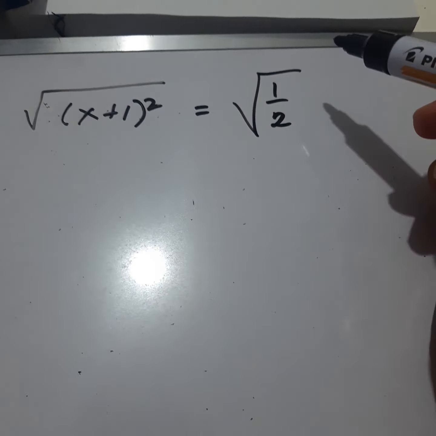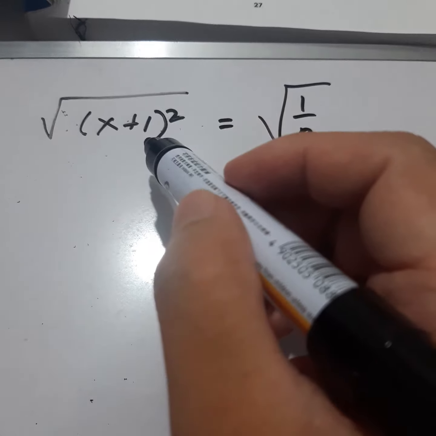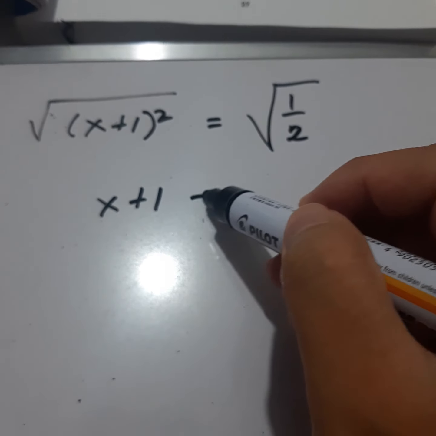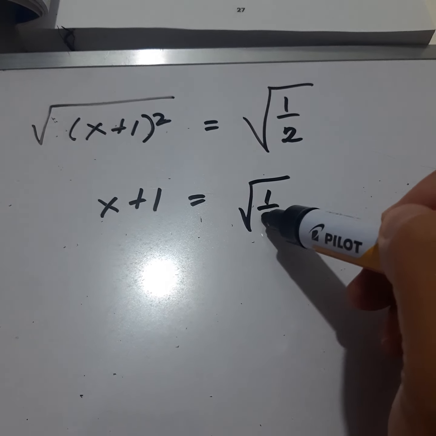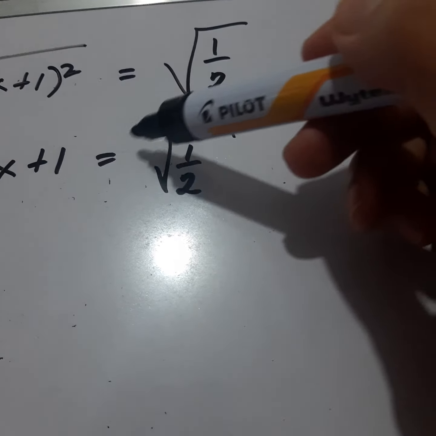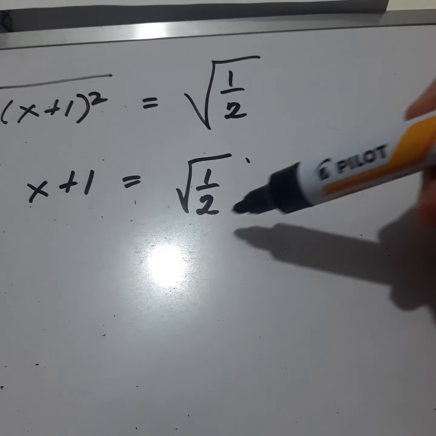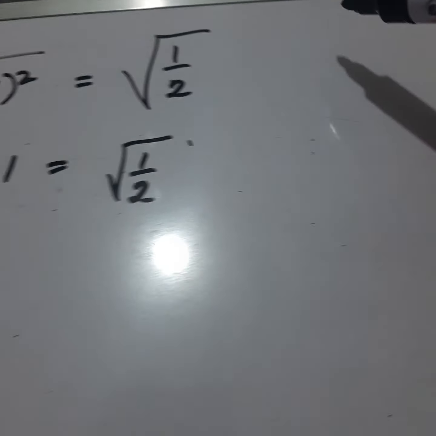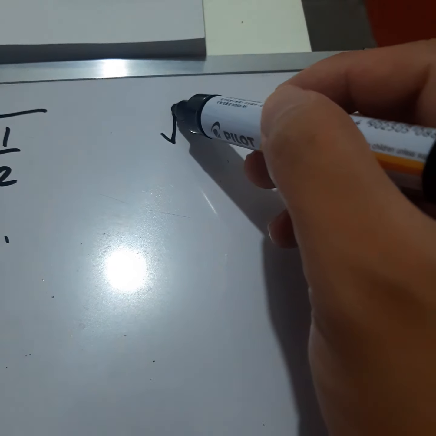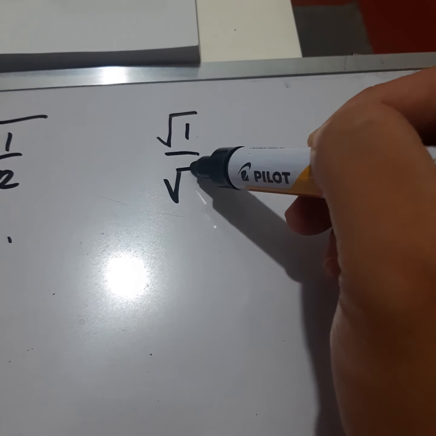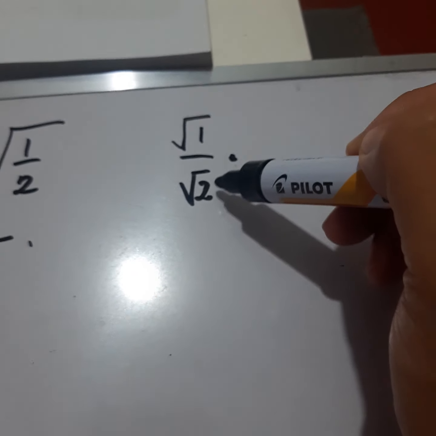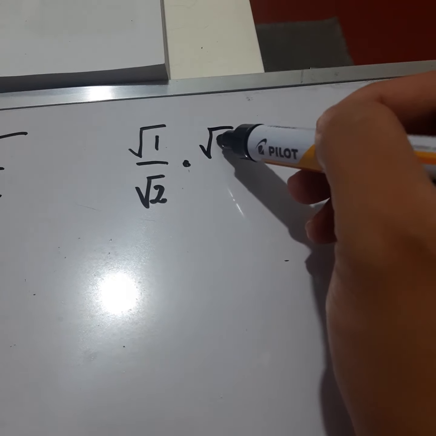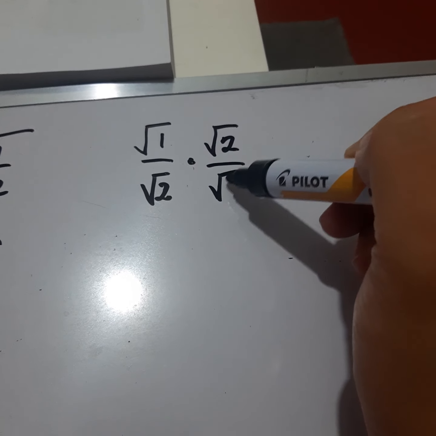So, the square root of x plus 1 squared is x plus 1 and then we have square root of 1 half. So, ang gagawin natin sa square root of 1 half, pwede natin siyang i-simplify yung radical. So, paano natin siya i-simplify? Diba? Square root of 1 half is like square root of 1 over square root of 2. Kung ano yung denominator, i-multiply lang natin siya over square root of 2.